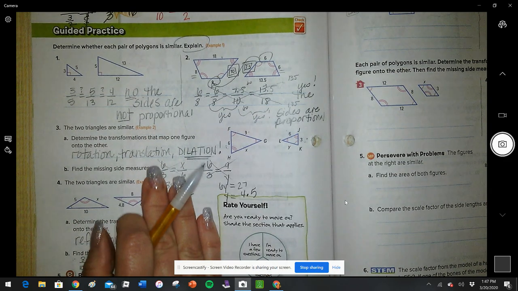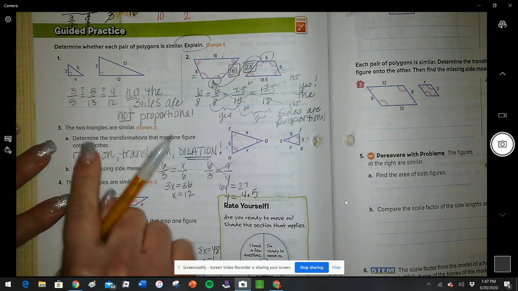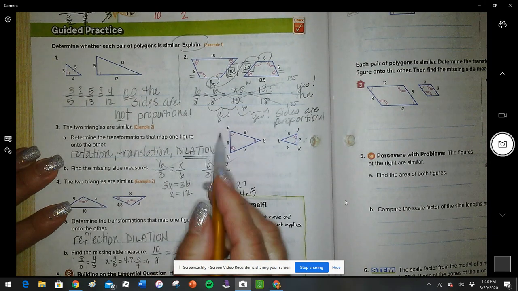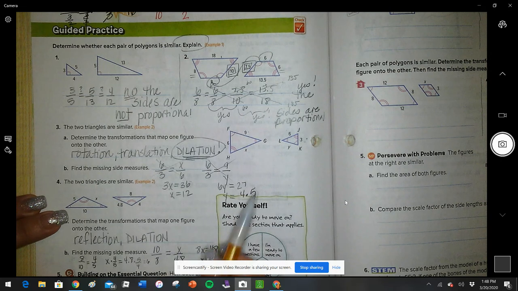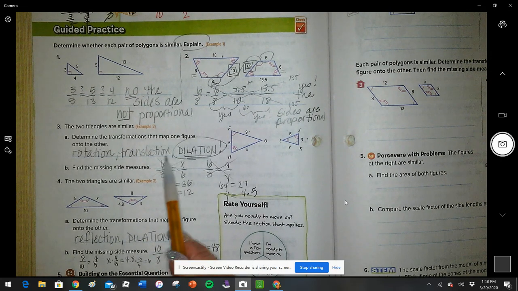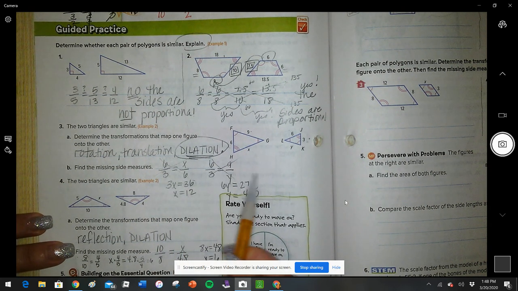Okay, and then I wanted to show you number 3 because I did this one a little bit differently. So number 3, the two triangles are similar. Remember the transformations, the one that you need to make sure that you include this time is the dilation, okay? But here's what I did different. Remember in the video from yesterday how I showed you to set them up like a proportion and to keep things lined up? And so that's what I did for this one, for number 3.